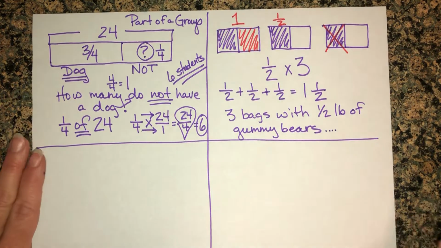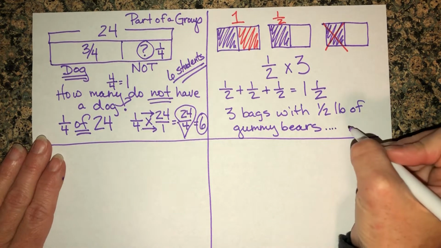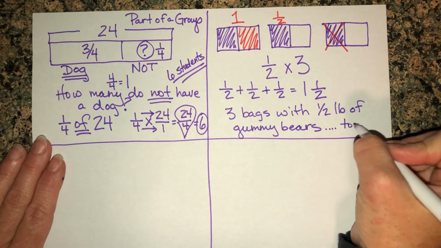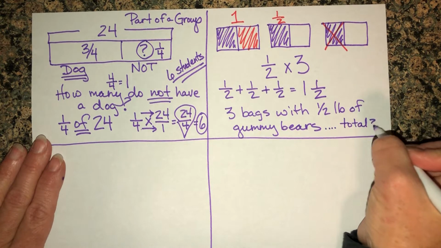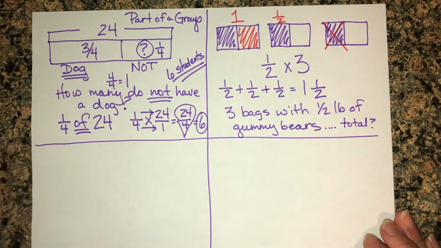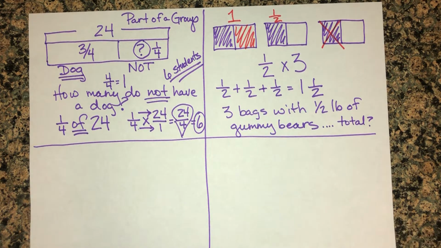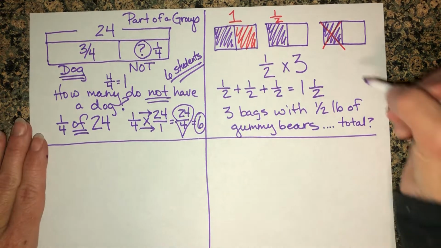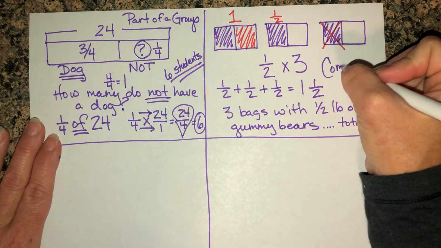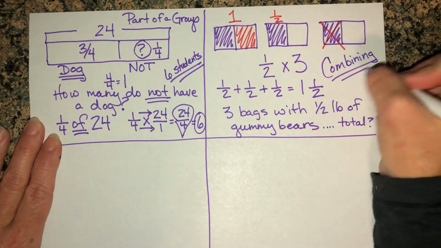Something like that. So you're combining all the 1/2s together to figure out what your total amount is. And these come up quite a bit. So parts of a group, looking at individual 1/2s and combining them together. This combining, again, I think is the easier one because you're just looking at the total amount.